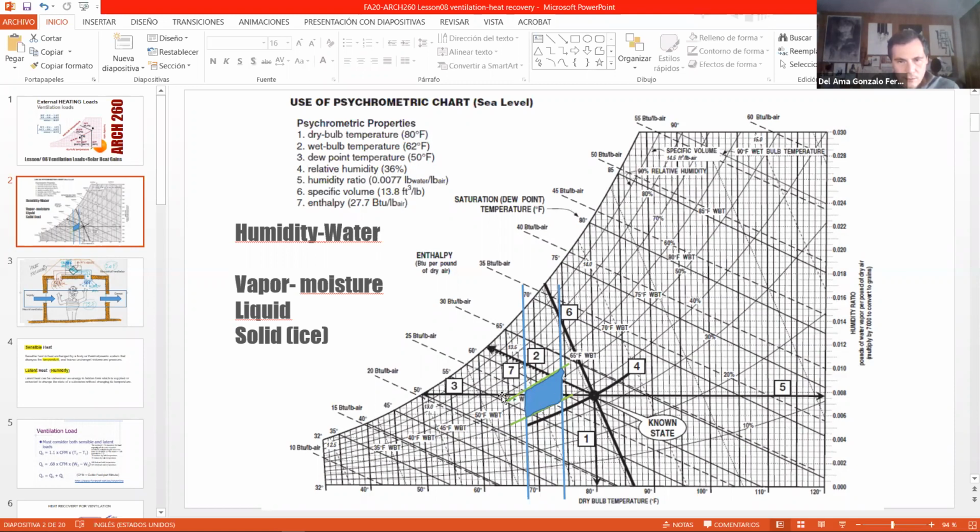Moving horizontally towards that line, because this is 100% relative humidity. So the dew point happens, or condensation happens, when we reach this 100% relative humidity. From this point we go that way, and this is the dew point temperature, 50.